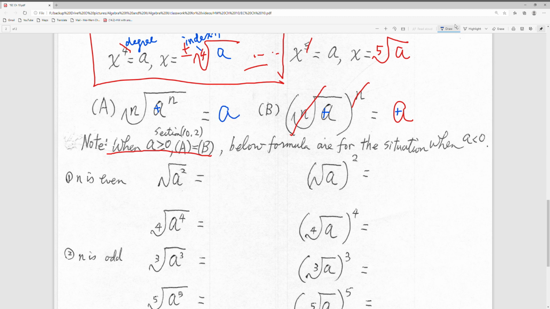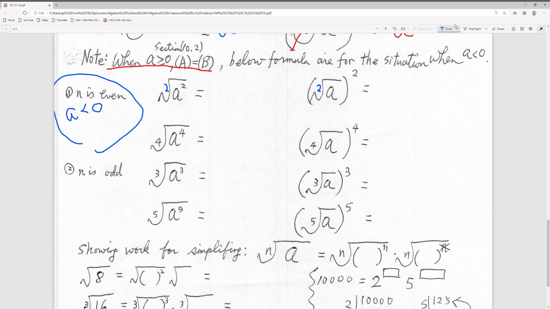This is also A. They are equal. The only trouble is when A is negative. When A is negative, and if that's an odd degree, still no problem. The only trouble is when A is negative and the index number is an even number, then that's a real trouble. They won't be equal. So let me explain and let me use some examples to show you.